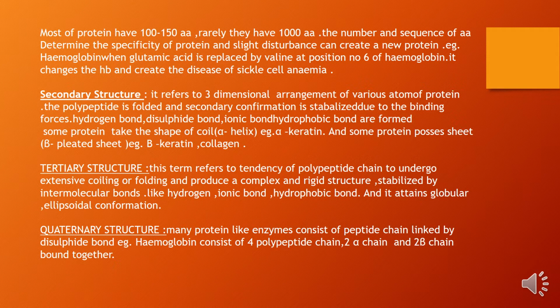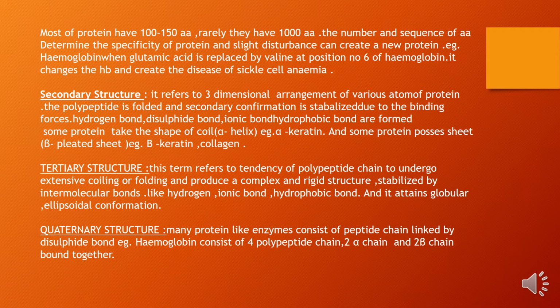Secondary structure refers to the three-dimensional arrangement of various atoms of protein, where the polypeptide is folded and the secondary conformation is stabilized by binding forces. Hydrogen bonds, disulfide bonds, ionic bonds and hydrophobic bonds are formed. Some proteins take the shape of a coil like alpha helix, alpha keratin, and some proteins possess a sheet, beta pleated sheet, for example beta keratin or collagen.